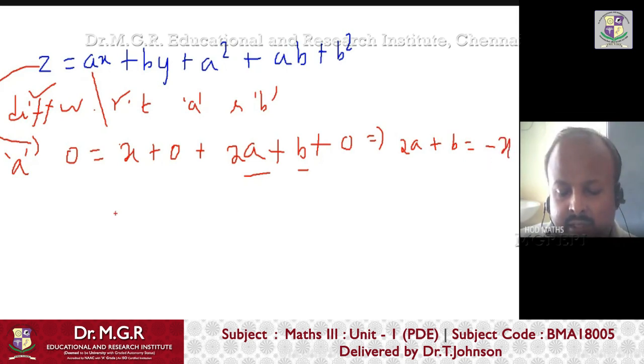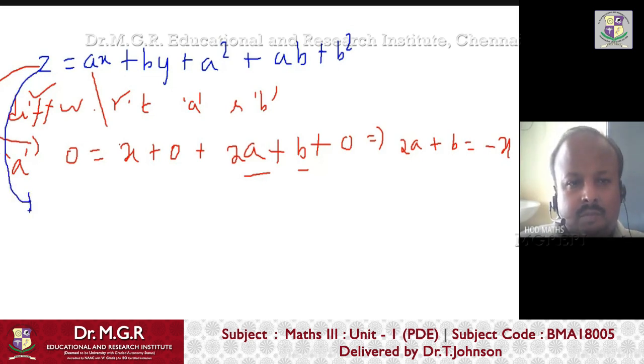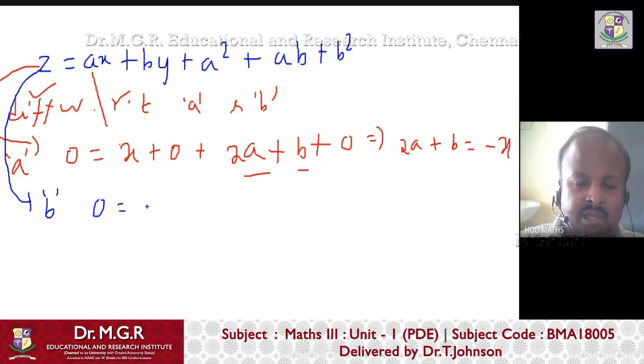Right? So now again differentiating the same thing with respect to, sorry, with respect to b. Again the left hand side is 0 because z is not a function of a and b, it is a function of x and y only. Then ax becomes 0 because we are differentiating with respect to b. When you differentiate by, y will come, since y is like a constant.